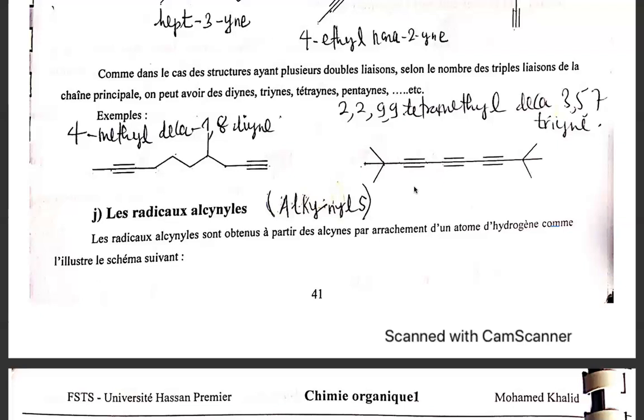So in nomenclature, because they share the same position, we also repeat the same number. We are going to say 2, 2, because at the same position 2, there are 2 methyls. Maybe if I take this route of explanation, it will confuse people. There are 2 methyls at position number 2.